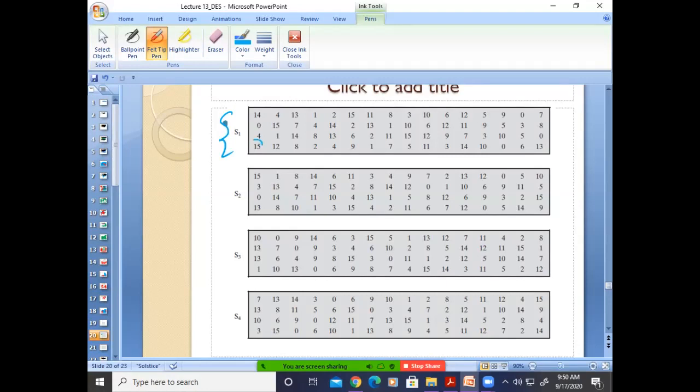A number like 15 may appear multiple times, 12 multiple times, etc. In any SBox, the maximum number will be 15 only, and 0 is also there. From 0 to 15, in decimal or hexadecimal, we can represent by 4 bits, correct? Yes, sir.